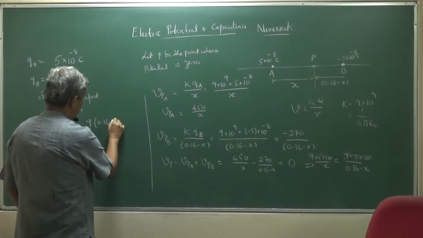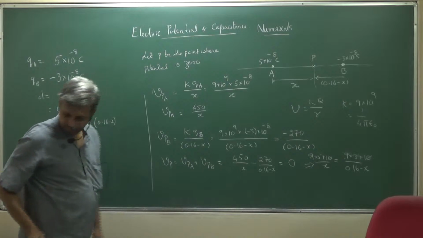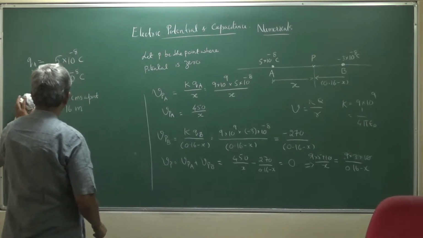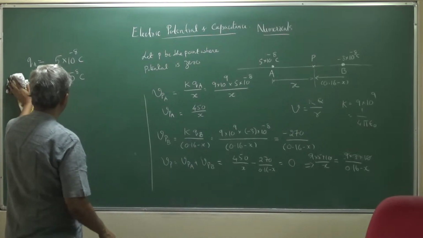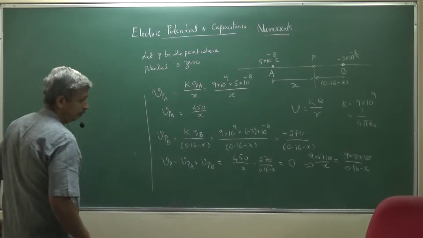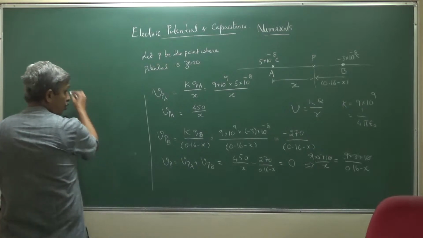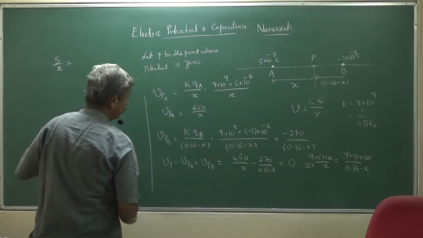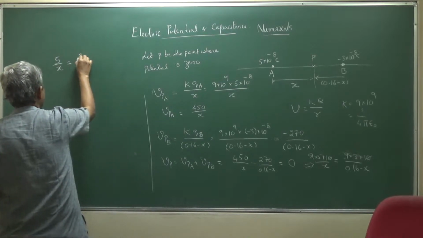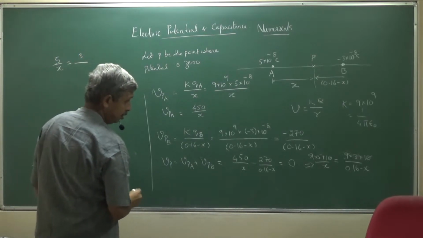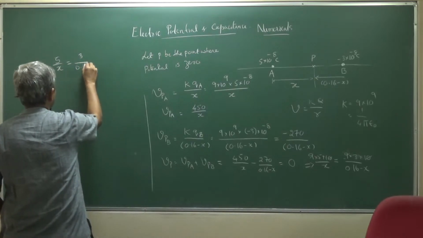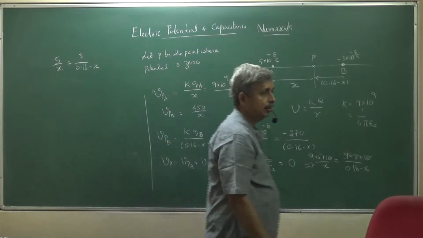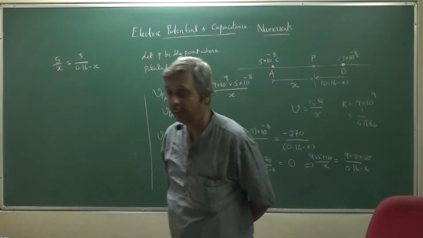I'll write the same equation again here: 5 divided by x is equal to 3 divided by 0.16 minus x. Okay. This is the equation that we have to solve.